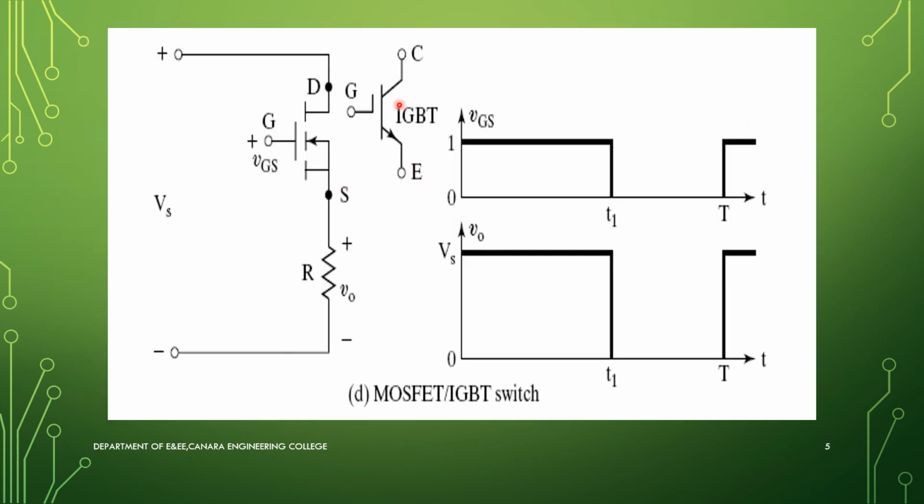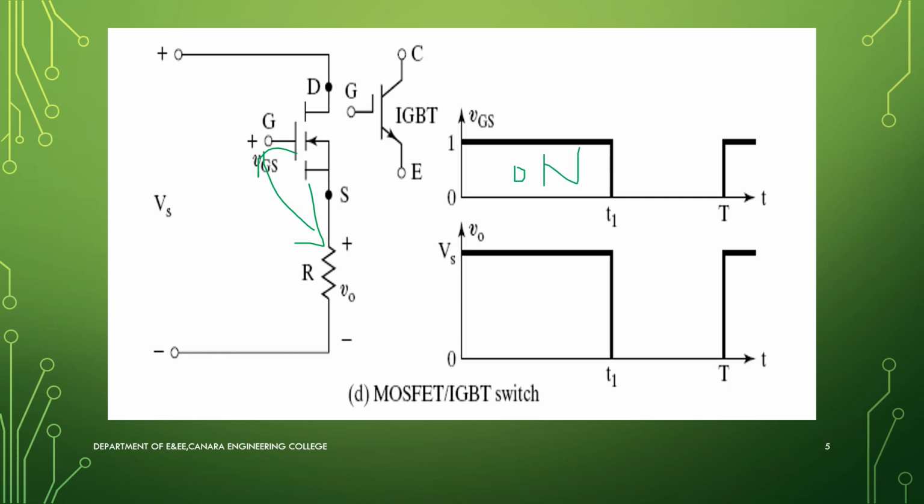Next is MOSFET and IGBT. Both are voltage control devices. Here again we assume the input voltage to be a DC supply. We need to apply the gate signal with respect to source. Here again you need to apply a continuous type signal. When the signal is given to the gate terminal, it is on.